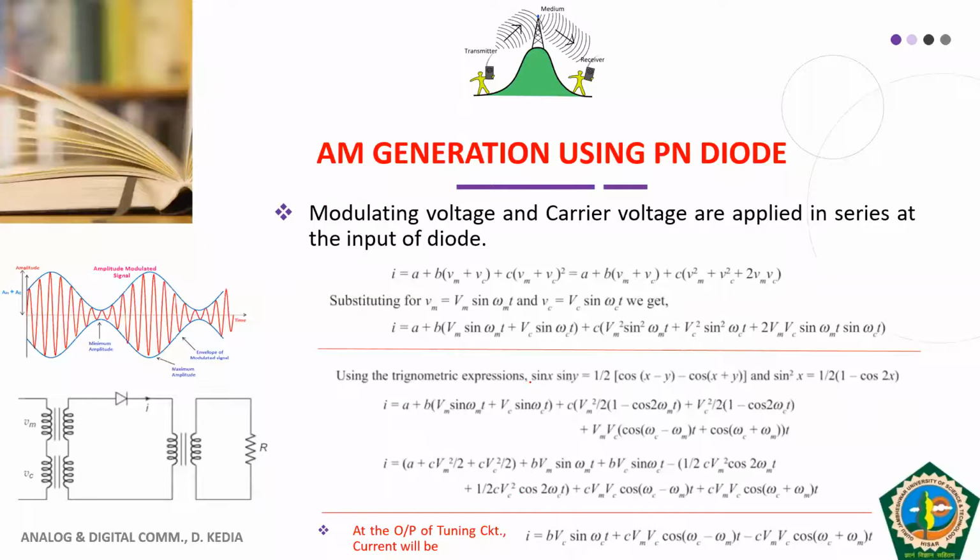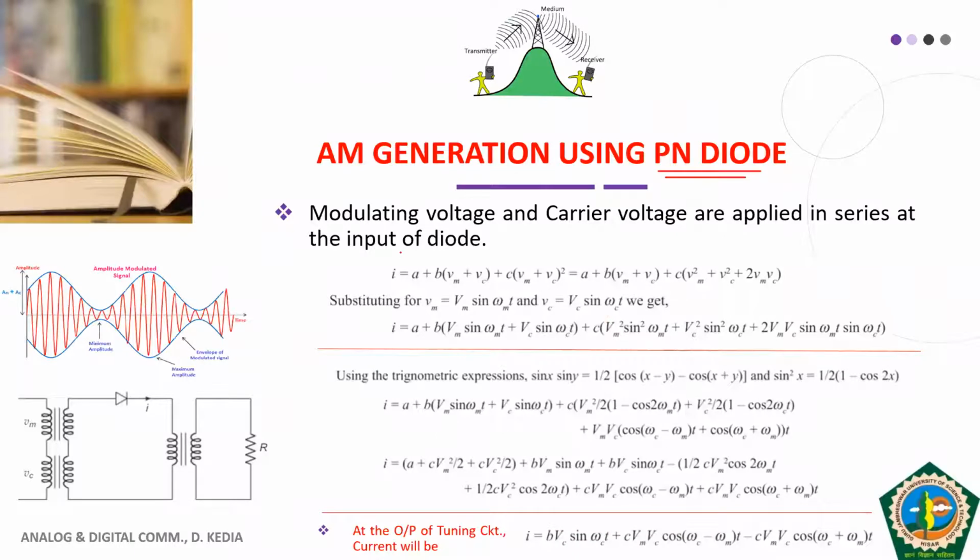So you see here the same expression I have now reproduced with the actual carrier and actual modulating signal in place. These expressions we have also seen just 2 slides back, where we generated AM signal using non-linear resistance. Now that non-linear resistance has been replaced with the PN diode directly.